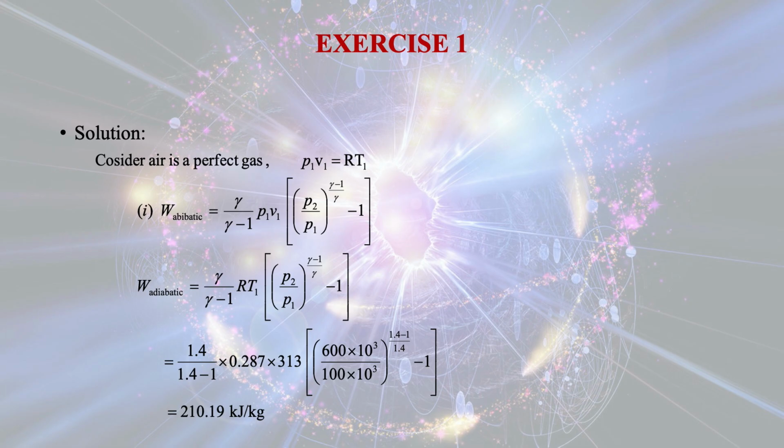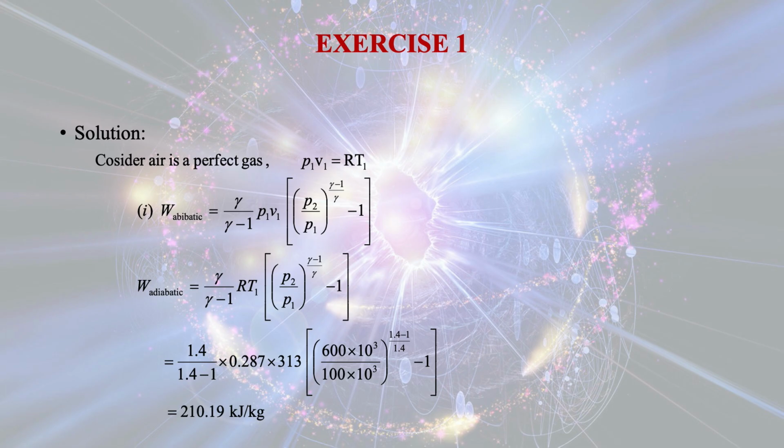And for this expression, since P1 V1 is equal to RT1 for the perfect gas equation, we can write the same expression in this form: W adiabatic is equal to gamma divided by gamma minus 1 RT1 multiplied by within bracket P2 by P1 to the power gamma minus 1 by gamma, minus 1.